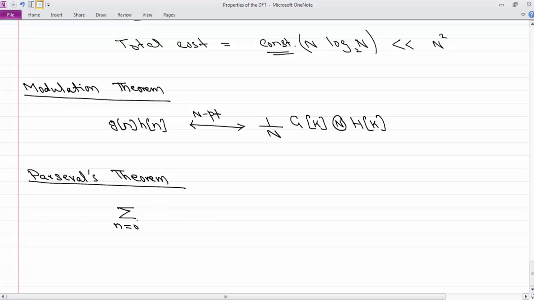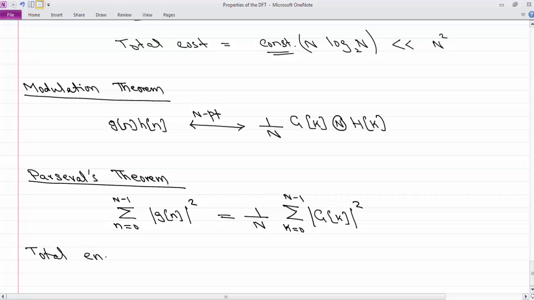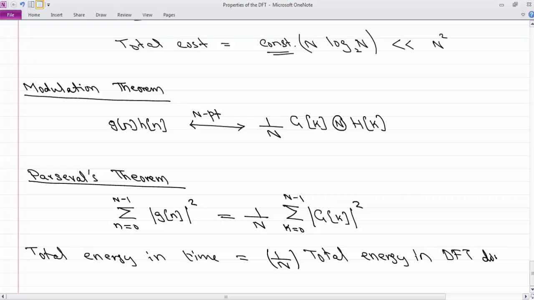So if I calculate the energy of my time domain signal, that is equal to the energy in the frequency domain and scaled by 1 over n factor. Okay. So this is total energy in time equals 1 over n times total energy in the DFT domain. Okay.